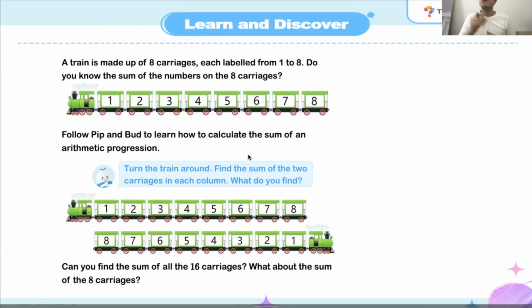We have a string made up of 8 characters, each labeled from 1 to 8. If I want to work out the sum of the numbers on the 8 characters, you will tell me I can add 1, add 2, add 3, and so on up to 8, and find the total.